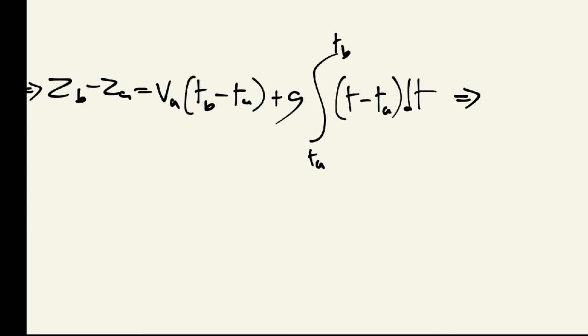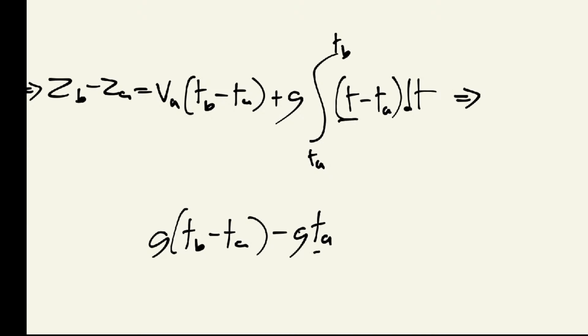Is it just going to be g of t sub b minus t sub a plus minus g t sub a? Is that what it's going to be? Because that's the integral of this, and then this is the integral of this, and then that's times the g's over there. Not sure.